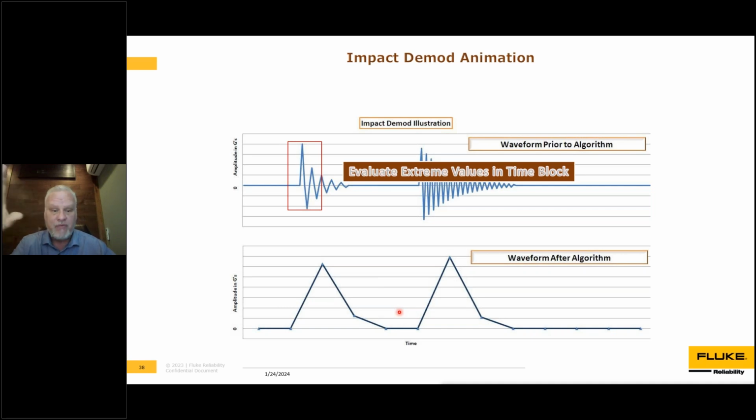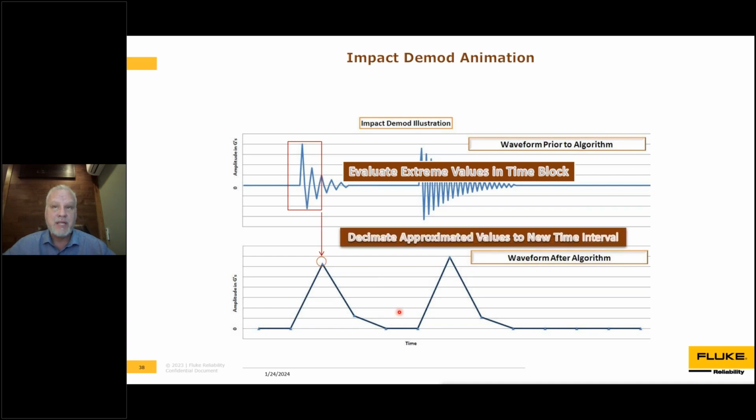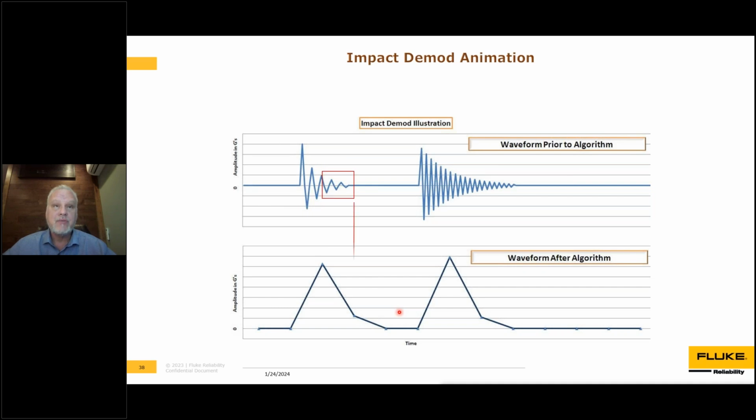So we sample it very fast. We buffer that 500,000 samples, for example, and then we run this algorithm which evaluates those time blocks and then decimates it to a new approximate value. And then it just continues through a time data set. Sometimes it'll be 10 to 1, sometimes it'll be 1,000 to 1 decimation.